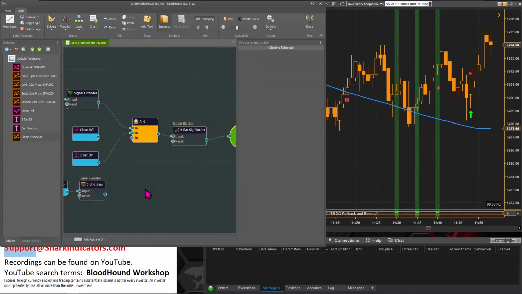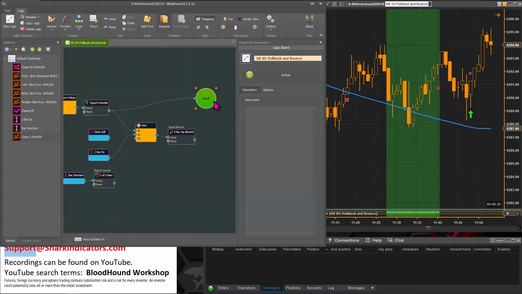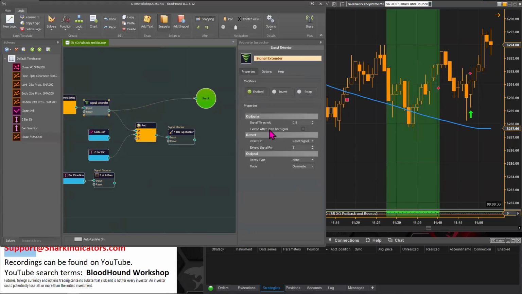Let's mark that guy. The reason we have that signal there is our signal extender. Let's see, what is this set to? It's set to 5. It looks like this bar is probably within that 2-tick range, so 1, 2, 3, 4, 5.